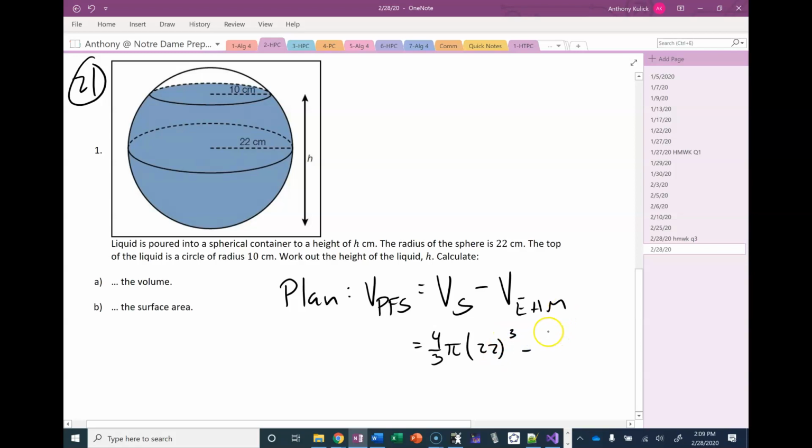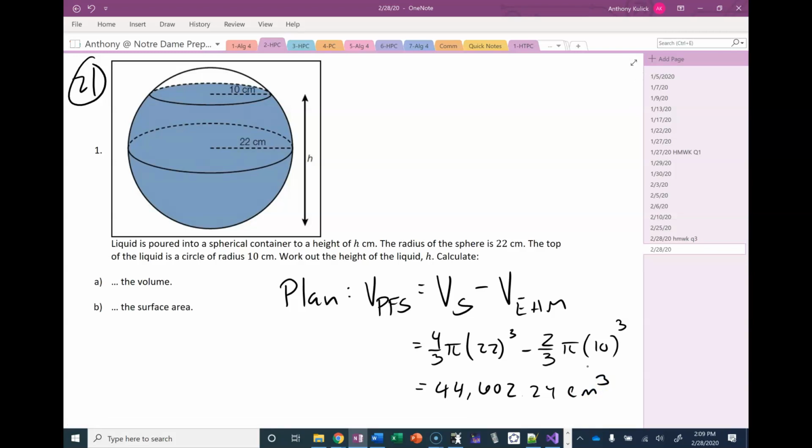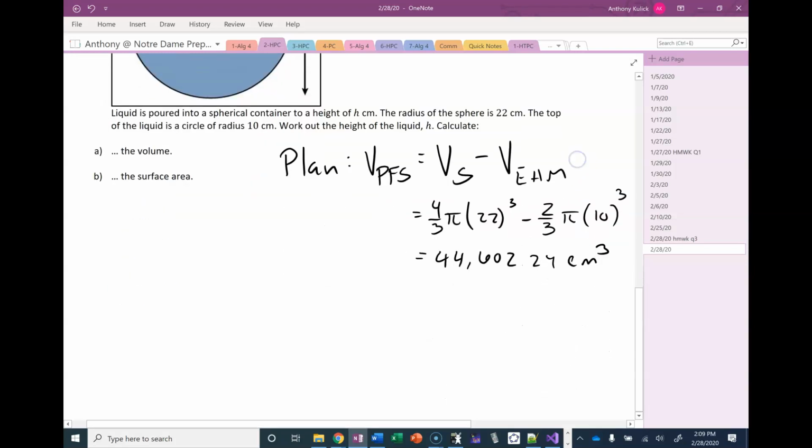And the volume of the empty hemisphere there is 2/3 pi r cubed. So if I do that, I should get the 44,602.24 as quoted in the answer. Are you okay with that plan there, Ella? Does that make sense? Okay.